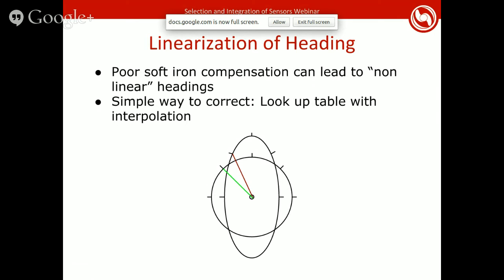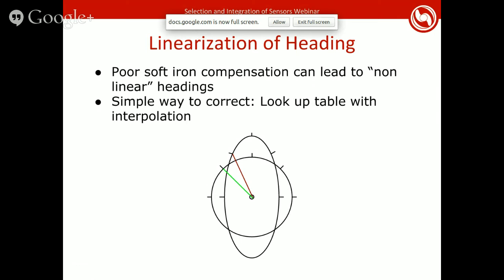Because if you want to move in a box pattern, and you trust your IMU, you're going to end up doing some kind of rhombus because your angles aren't really 90 degrees. One simple way to correct for that, and this is actually something we do on CUV, is we take samples in intervals of 10 degrees in heading, and then match up what the actual heading was to the sensor reading heading.